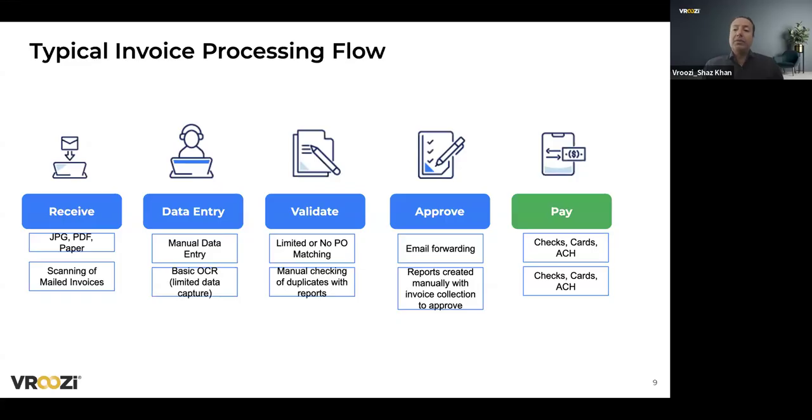And what they are really doing is transposing data from one screen to the next screen. Now, you would think that that is an automated and digital play, but that is really just taking data from one screen and typing it in manually into another screen. And typically that's what we see in an invoice processing flow.